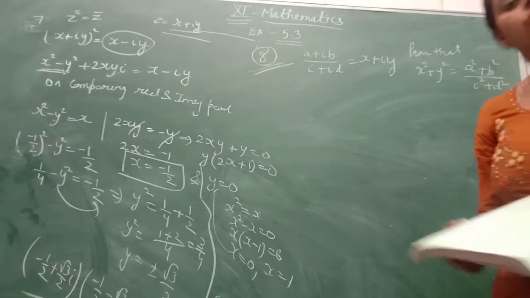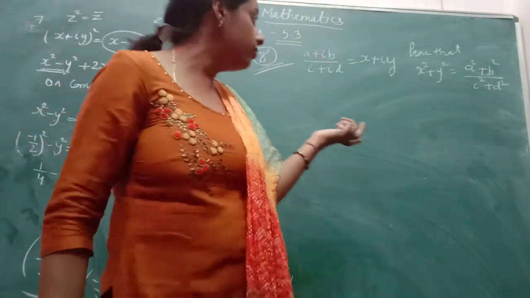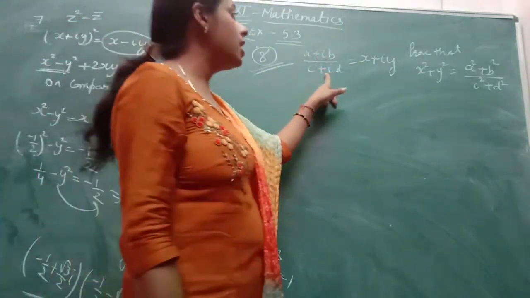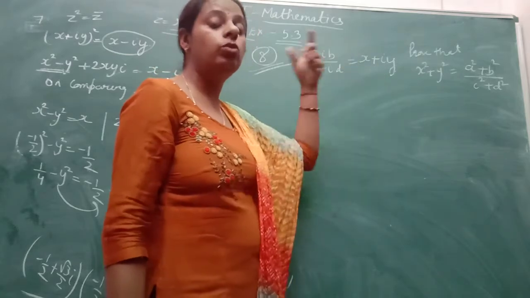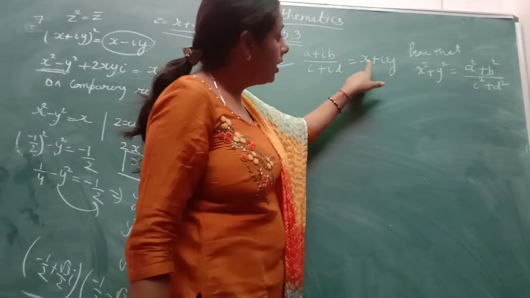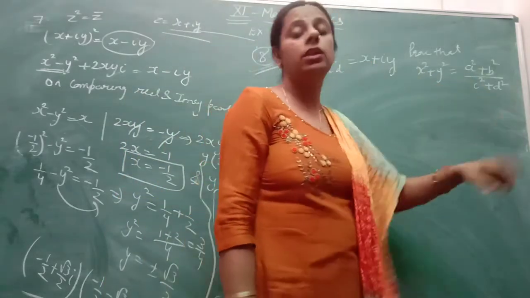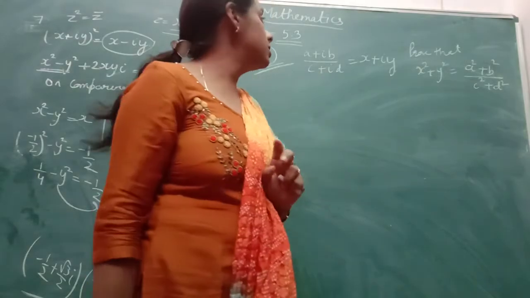This type of question you have done in exercise 5.2, but in exercise 5.2 what you will do is rationalize and then compare, then you can get the values of x, the real part and imaginary part, and after getting the values of x and y, you put them on the left hand side so that you can get the right hand side. Isn't it?